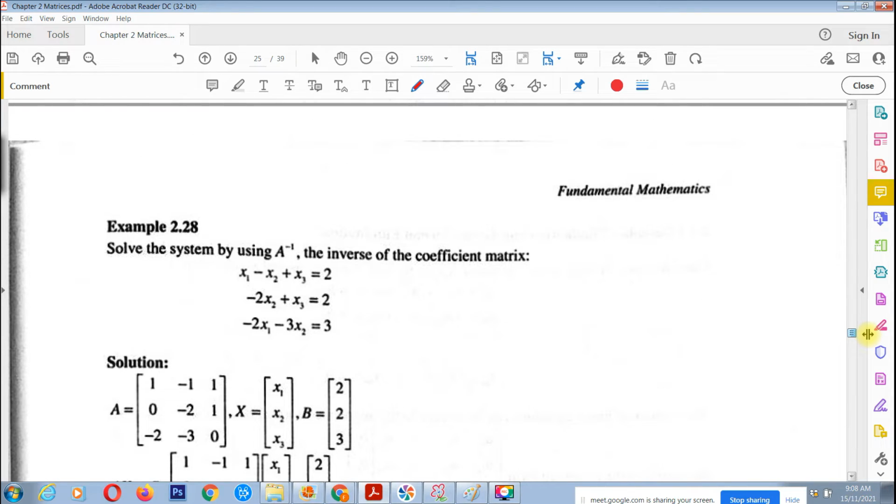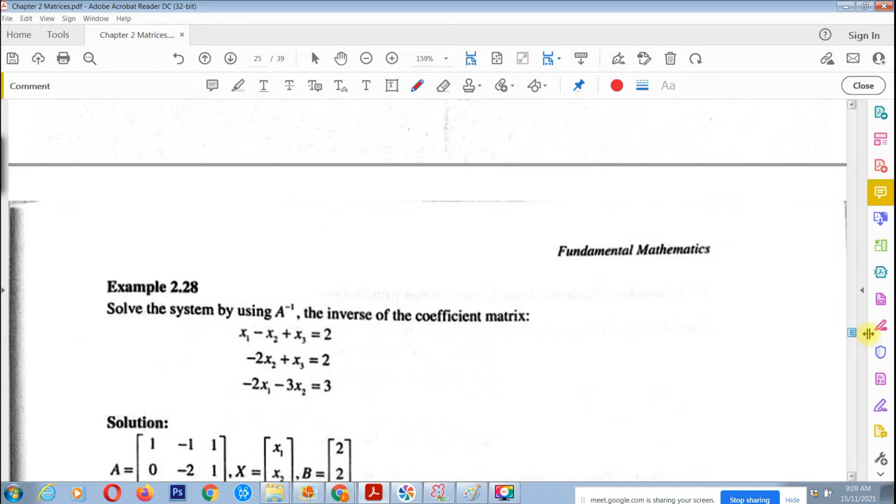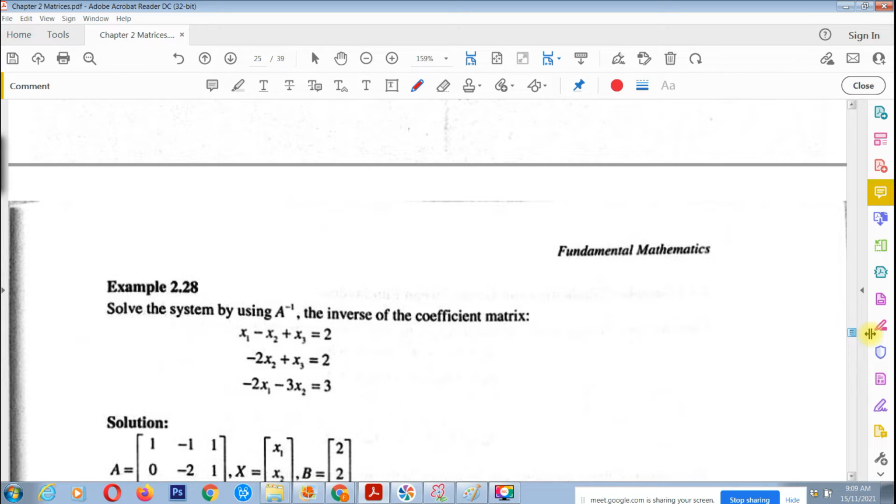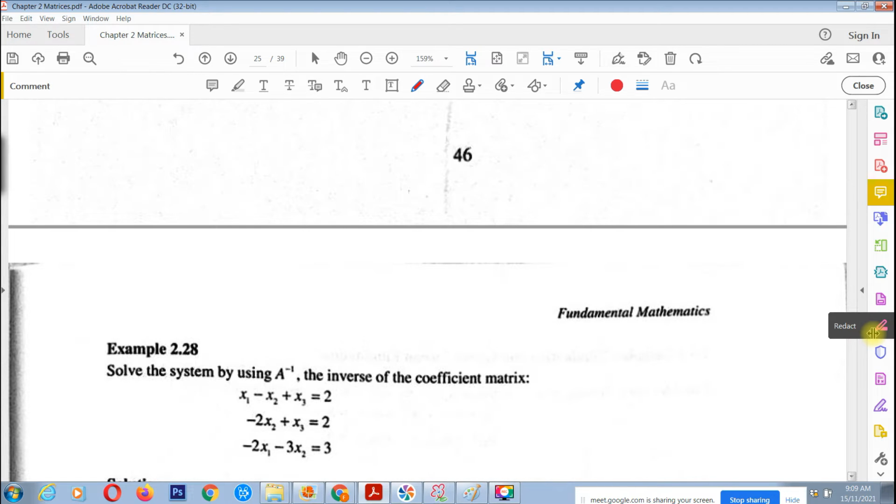First is the formula, second is cofactor, and another one is by using ERO. So solve the system of equations of this.